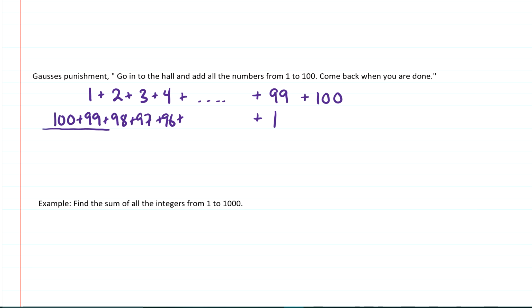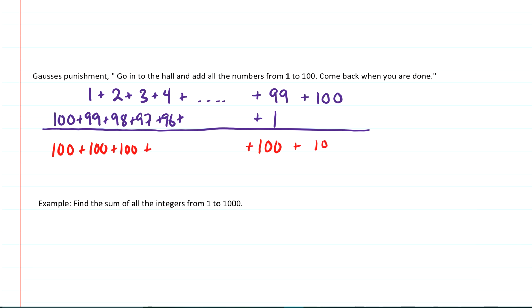And then, instead of summing them horizontally but vertically, what you get is 100 if you add the 2 rows, then another 100, and another 100, and another 100, all the way to the last 100.